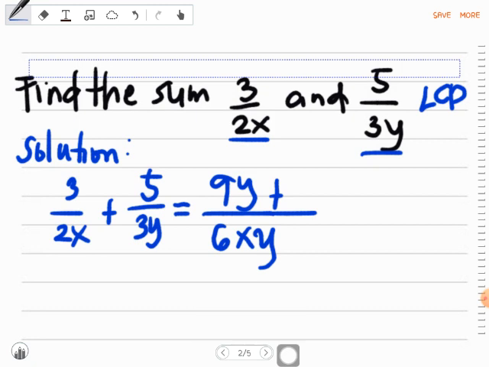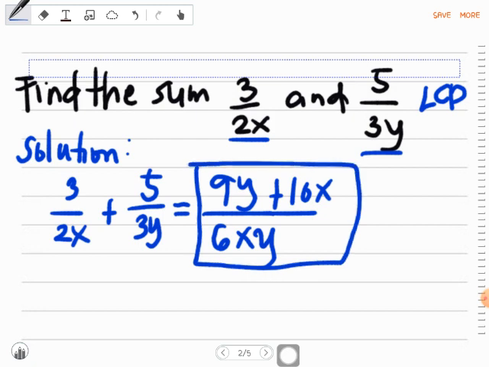So, 6 divide 3 is 2 times 5 is 10. And we have xy divide y. So, cancel yung y, matitira yung x. Okay? So, as you can see, wala na tayong operation na gagawin pa. Ito na yung ating final answer.